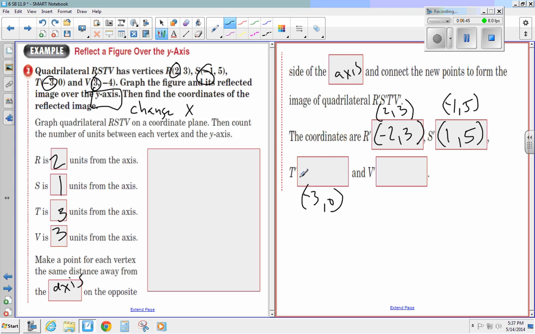So a reflection over the y-axis is 3, 0. And then last point, V, 3, negative 4 was the point. Negative 3, negative 4 is the new point. That's how this works.